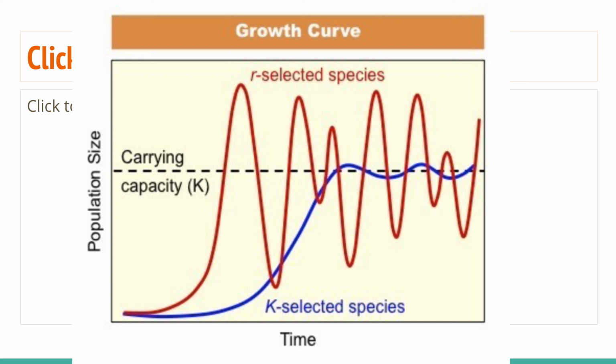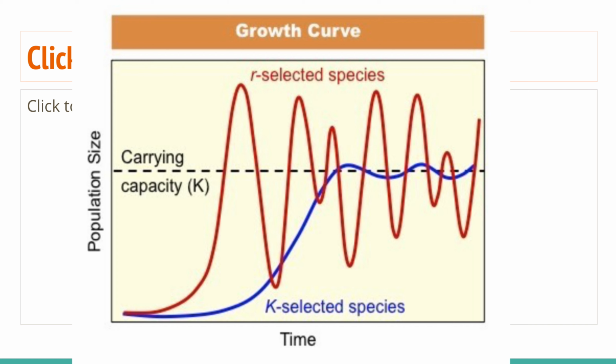So you can compare the boom-bust cycle with the K-selected strategy, and it's very apparent what happens. The R-selected species grows very, very rapidly. It massively overshoots carrying capacity, and then there is a massive dying. These are the busts.